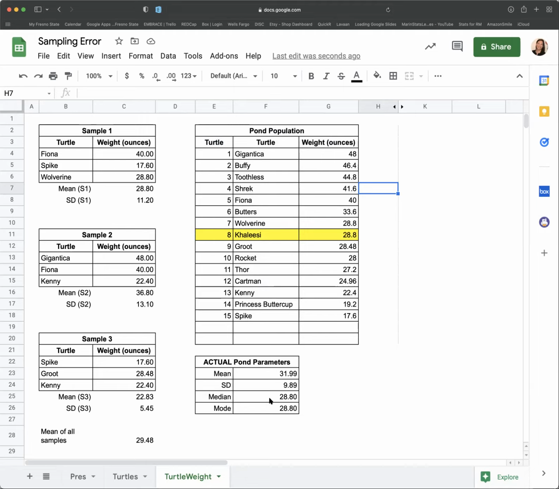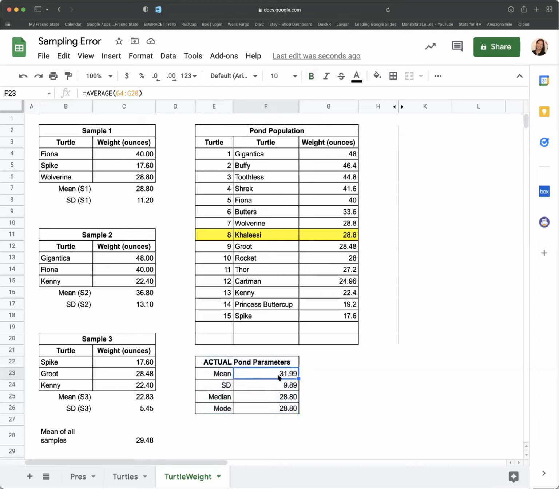And I have here the pond parameters. It's unusual to have population parameters. We usually have to infer them. We have to guess at what they might be, and that's why we collect samples. So I wanted to show you what it might look like to have real samples when we know the parameter.